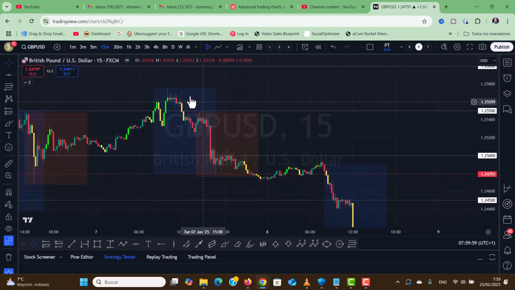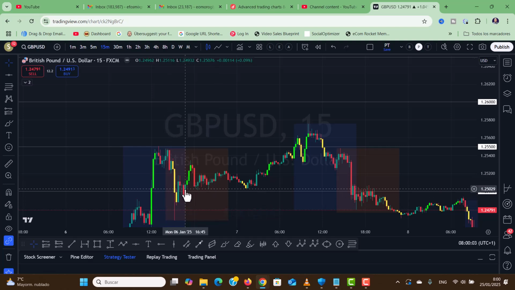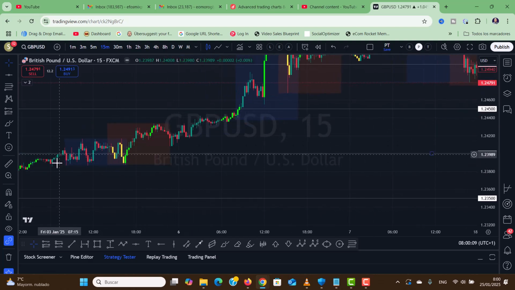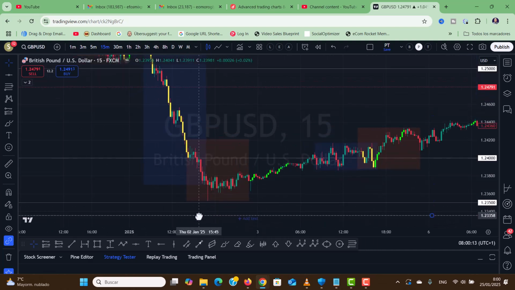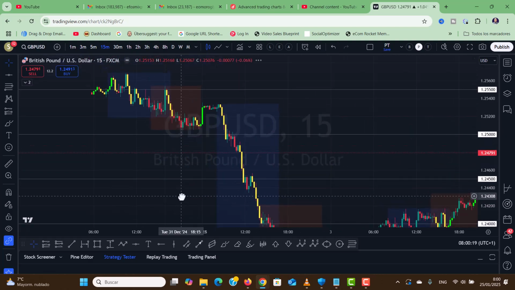There's a reaction here as well, and here. So that's how it works. Whenever price gets to a certain psychological line, there must be a reaction. So that is how to plot it.